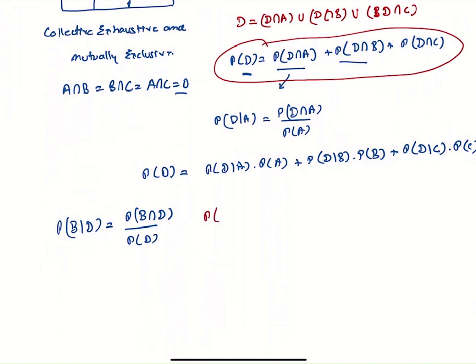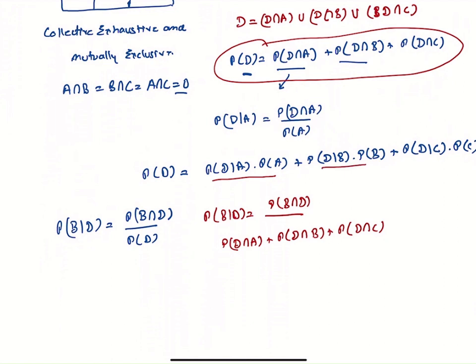Then the probability of B given D becomes the probability of B and D divided by the probability of D and A plus the probability of D and B plus the probability of D and C, which are broken down into this, and which we already know.